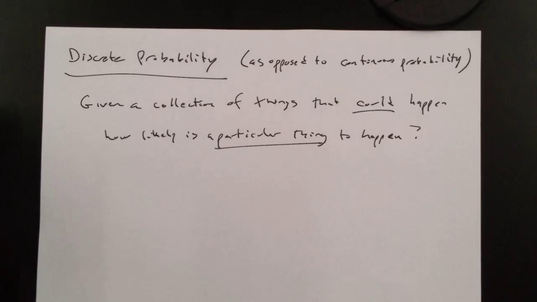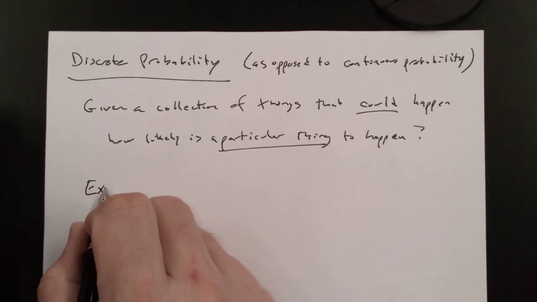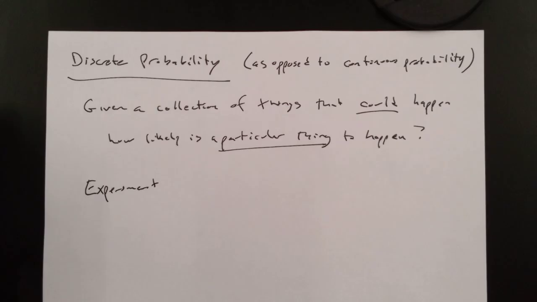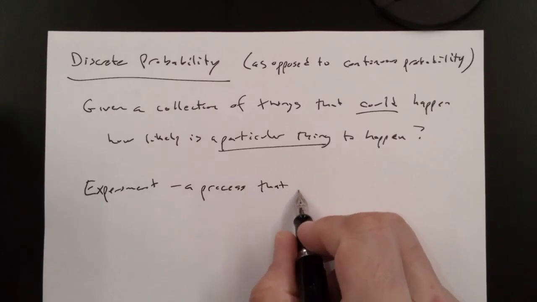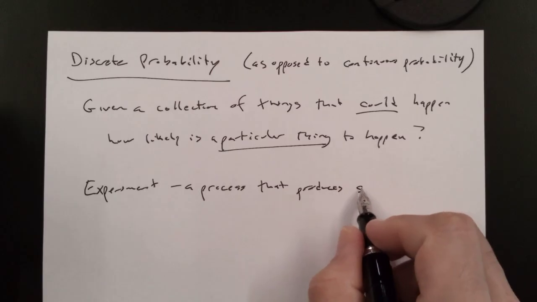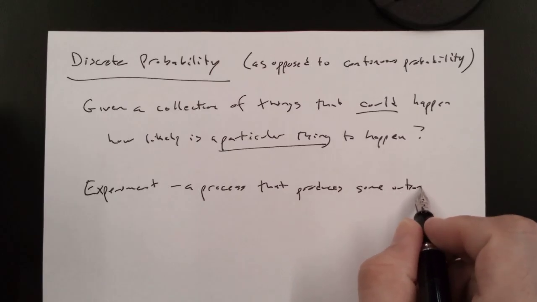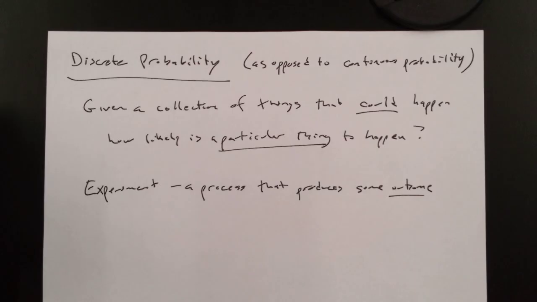Some terminology. An experiment is a process whose outcome is unknown. And for us, we're thinking of experiments whose outcome is from some collection of possible things.